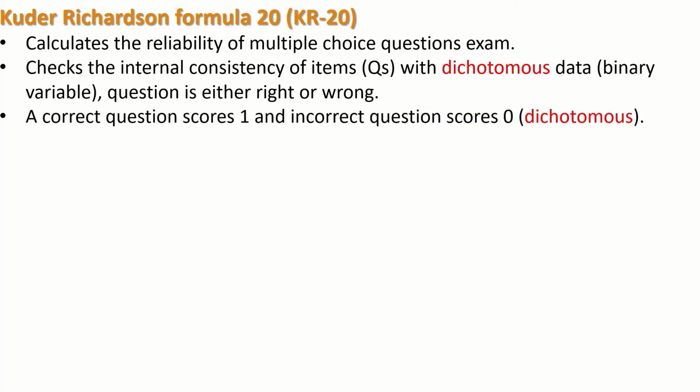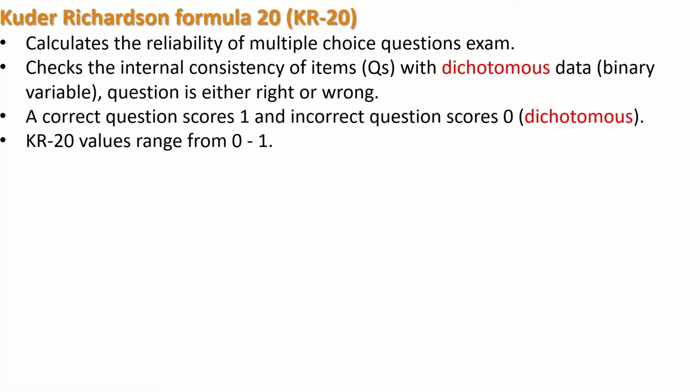A correct question score is equal to 1 and an incorrect question score is recorded as 0. In this case, the multiple choice question has only two possible answers, right or wrong, so 0 or 1. So this is dichotomous data.